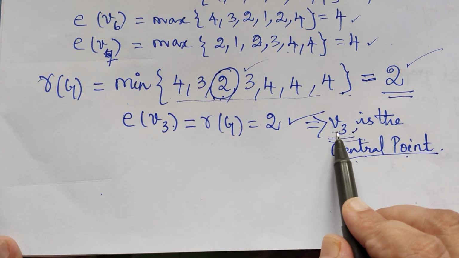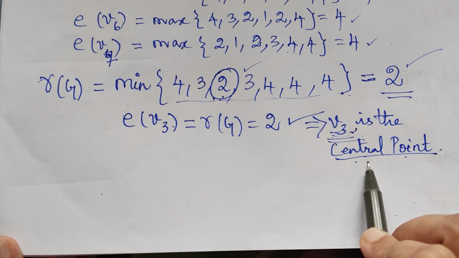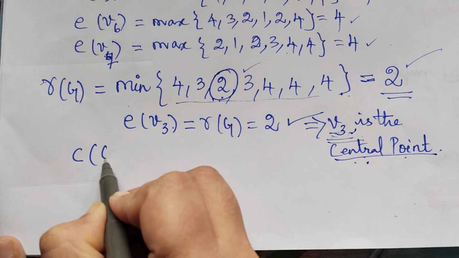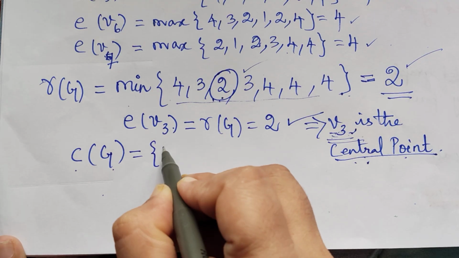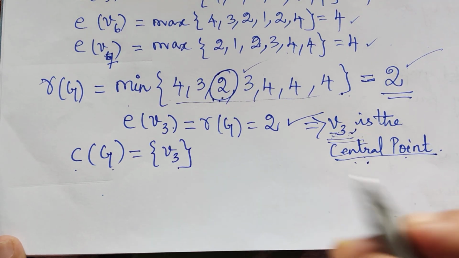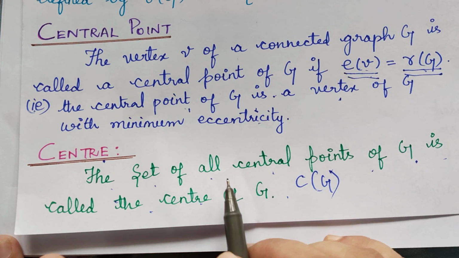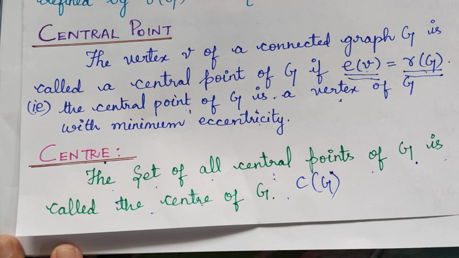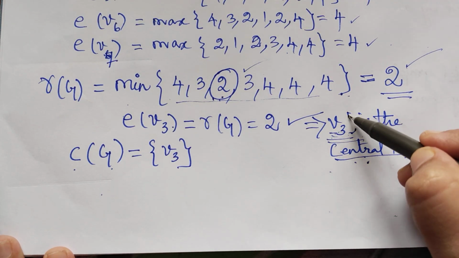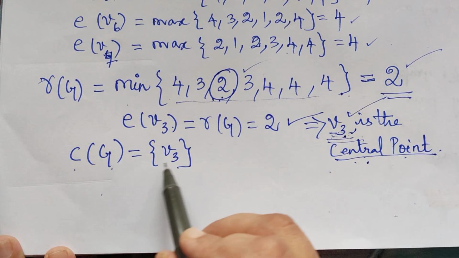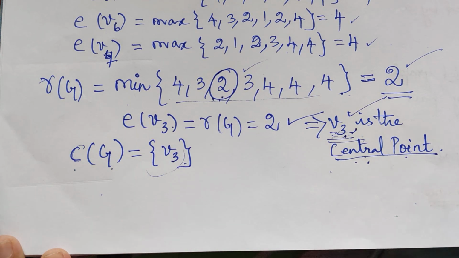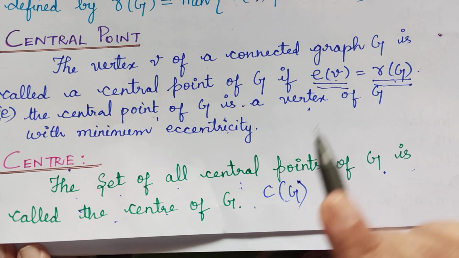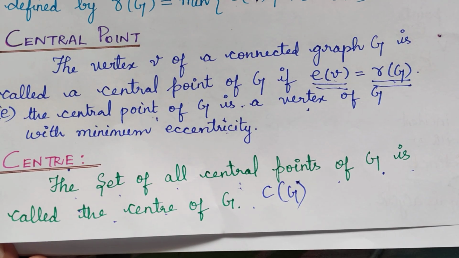Since we had only one central point, the center of the graph G, represented as C of G, is equal to the singleton set {V3}, because it is the set of all central points. So this is the definition for the center of a graph.